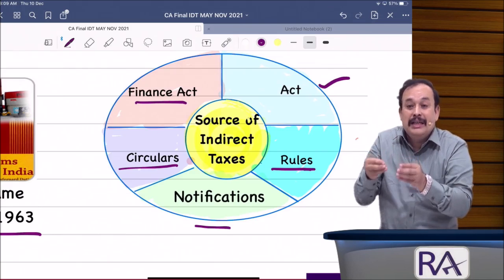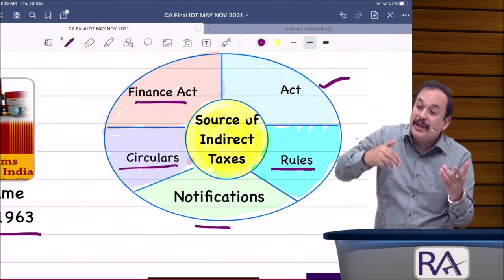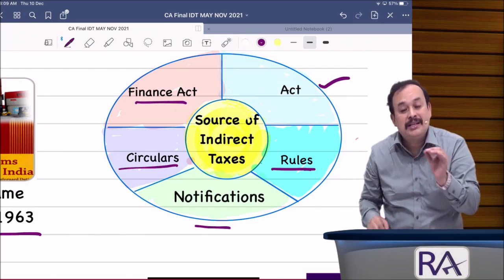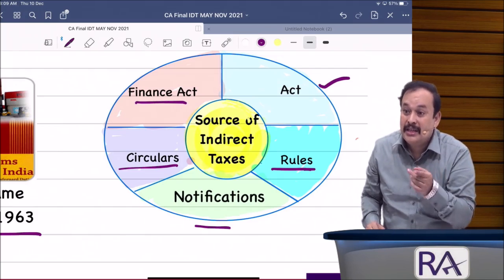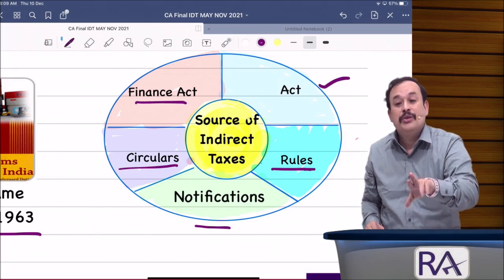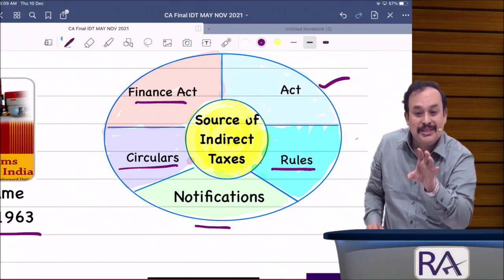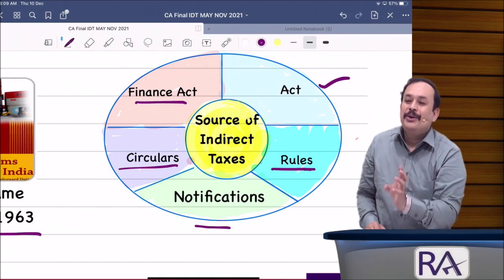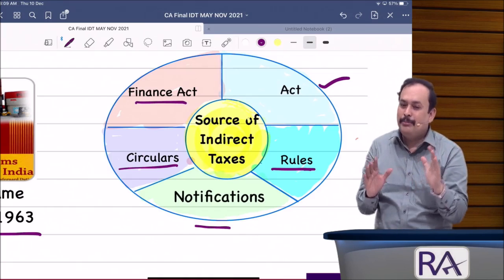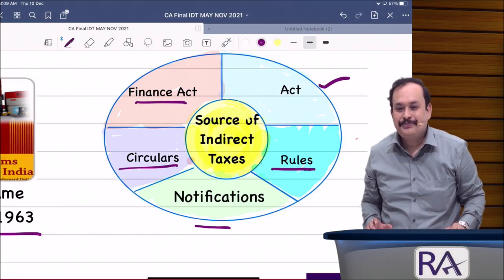While implementing notifications, clarifications are needed. Circulars are issued by CBIC for these particular clarifications. The Central Board of Indirect Taxes and Customs clarifies the ambiguities which arose due to implementation of the Act, rules, Finance Act, and notifications. Is it clear, sir? So CBIC plays a vital role, my dear, in indirect taxes.